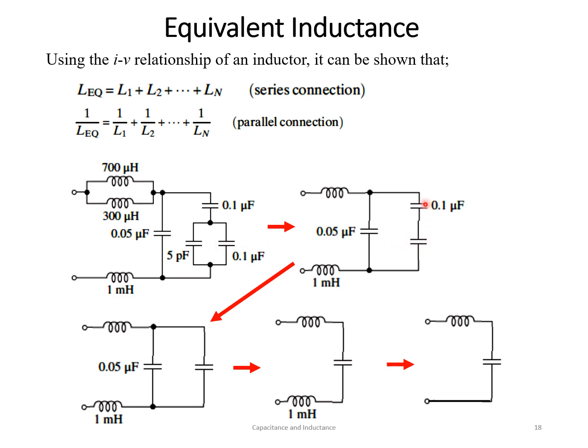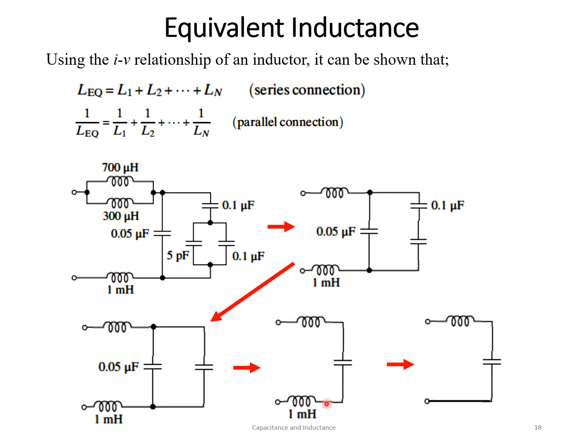Now next, find the equivalent of this series combination of the capacitor, which is shown over here. I have reproduced this capacitance over here, and this inductance over here. Now we have two parallel capacitors, and we find their equivalent, and these two inductors are shown as such.